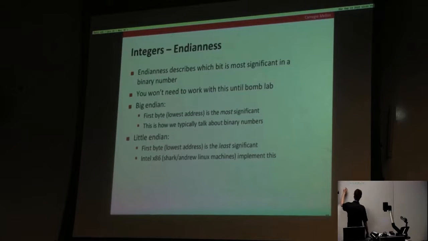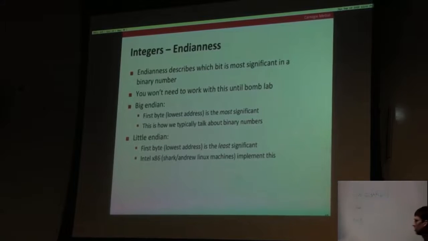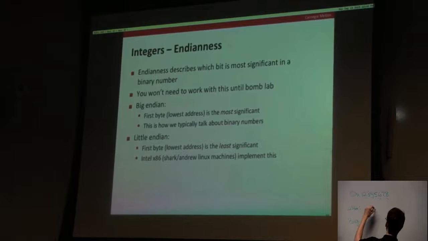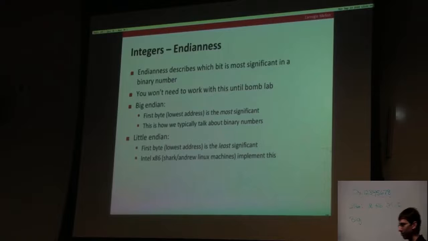So in little endian, it's the least significant bits that are stored first in memory. So in memory, this is actually going to show up as the 78, and then the 56, and then the 34, and then the 12. And if you don't know that's happening, you'll get confused because you'll read this off as 78, 56, 34, 12, and that's not the same as this.